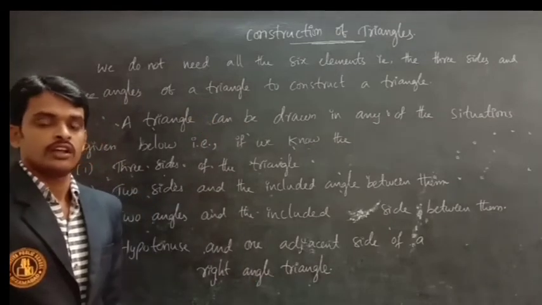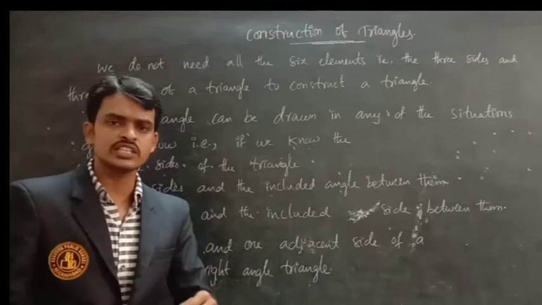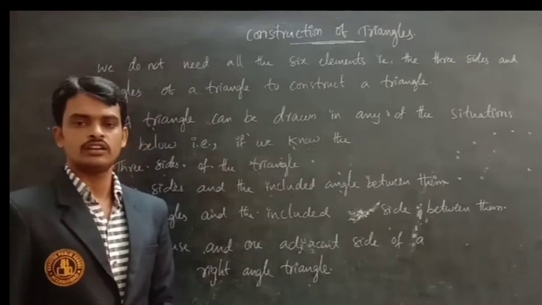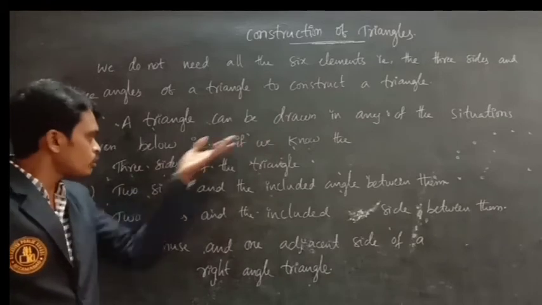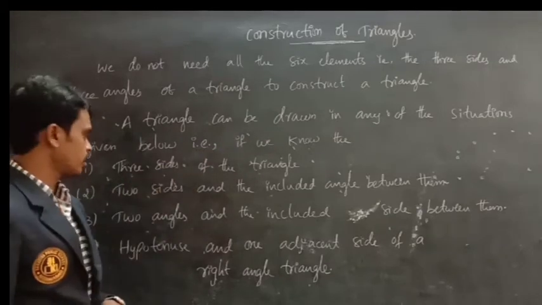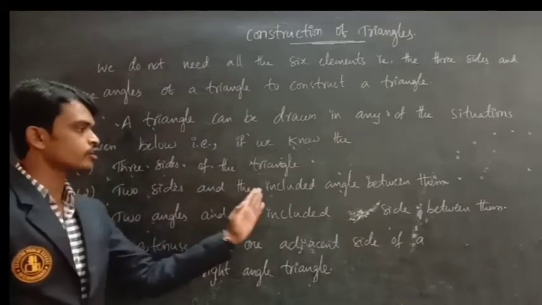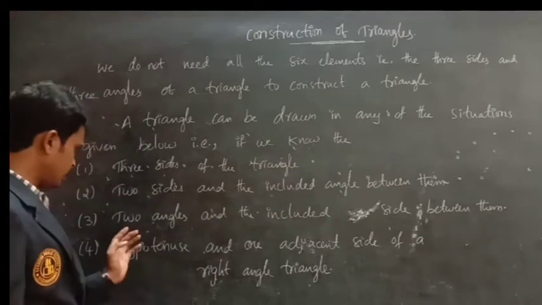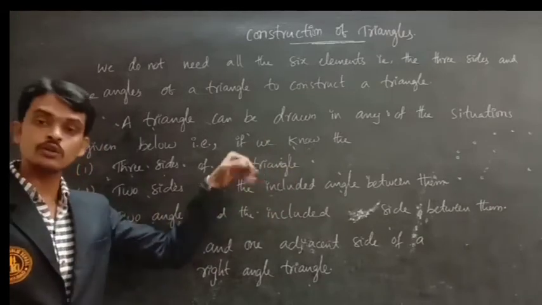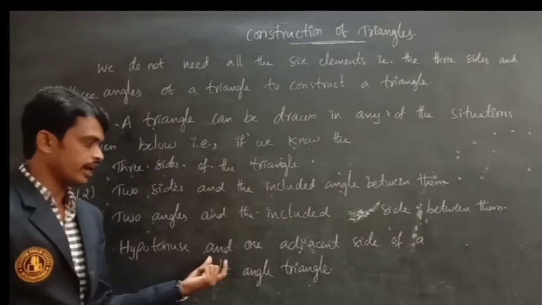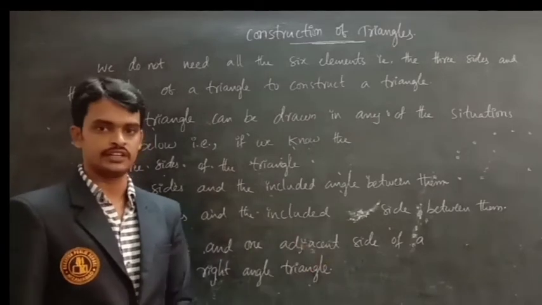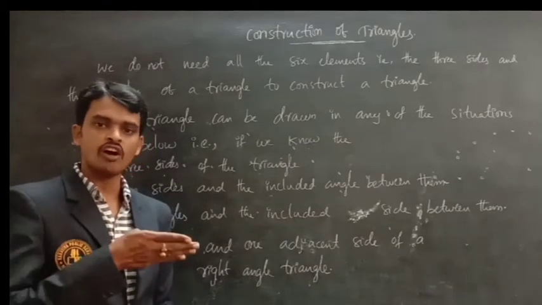So here we do not require all 6 elements of a triangle. If we know 3 sides, or 2 sides and included angle, or 2 angles and included side, or hypotenuse and one adjacent side, either base or height.